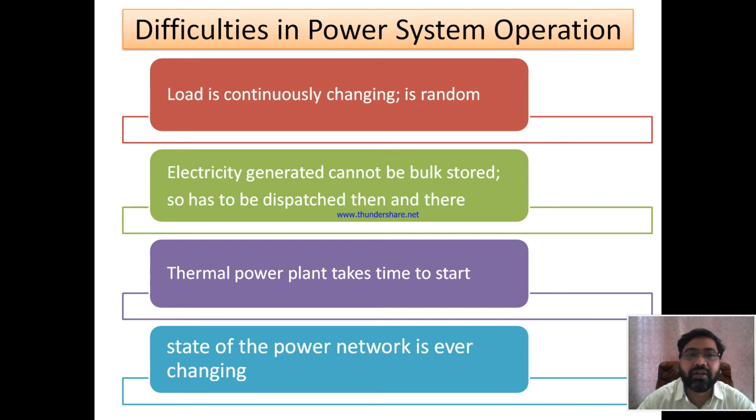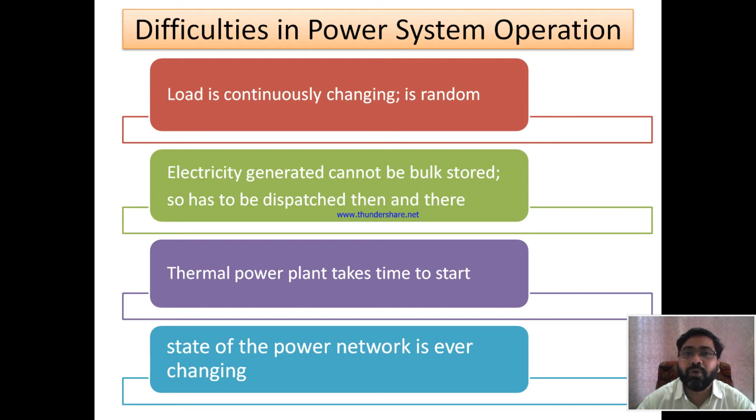The second difficulty that is obtained here is electricity generated cannot be stored in bulk, so it has to be dispatched then and there. That means when you are generating electricity in excess, for example, but you don't have sufficient load, then the excess generated energy, you cannot store it.